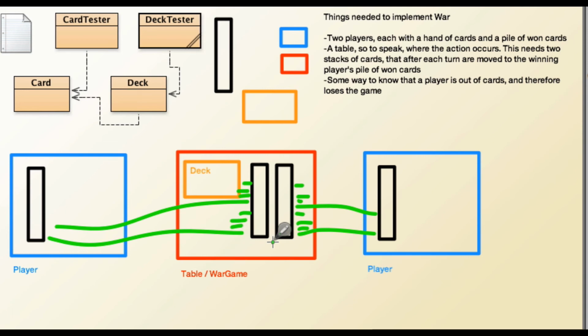And again, whoever wins, if there's a winner, all of the cards in both of these array lists go over to that player's array list of cards. Right, and you're going to need some code in here that as you're pulling these cards from each player, you're checking to see if the player has run out of cards, if their array list is 0. And if so, the game's over and the other player wins.